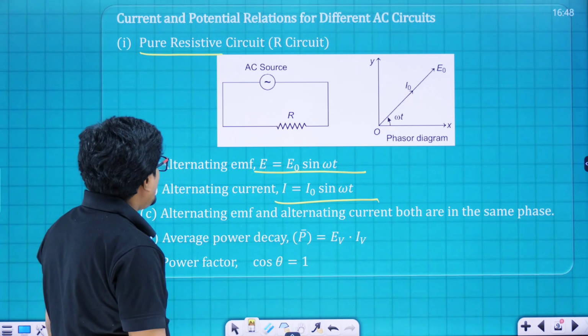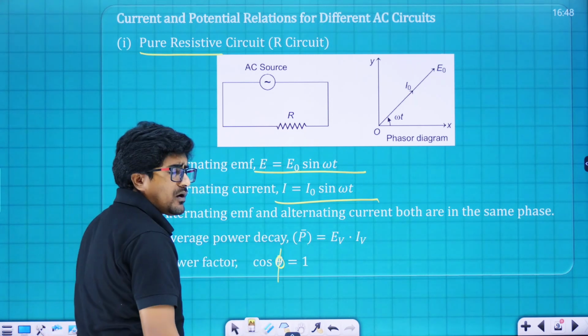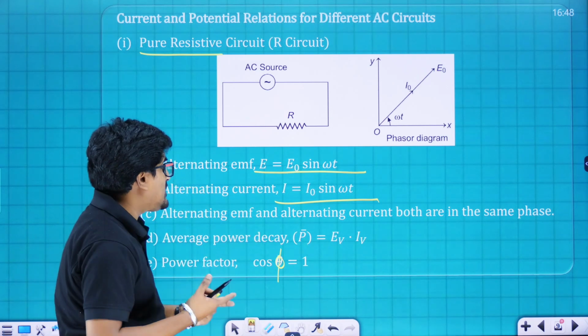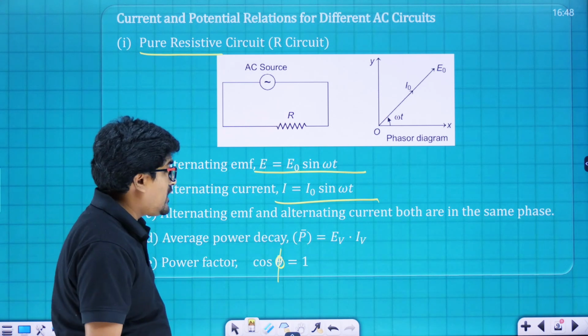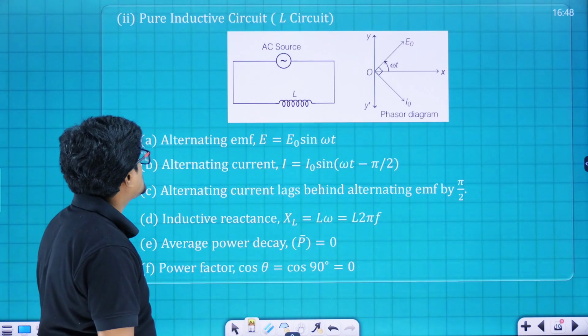In this case, since the phase difference between current and voltage is 0, cos of phi is going to be 1. The average power is going to be Vrms into Irms.